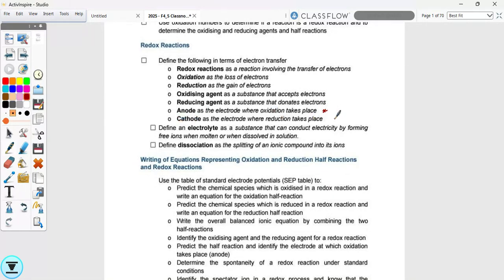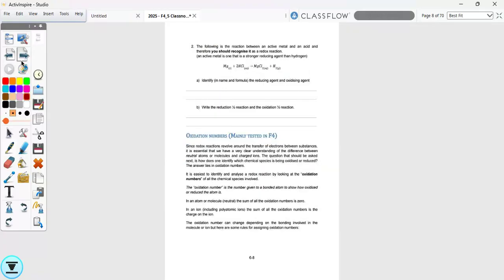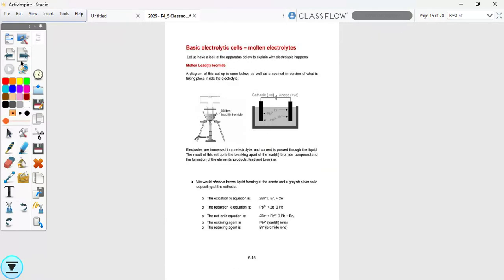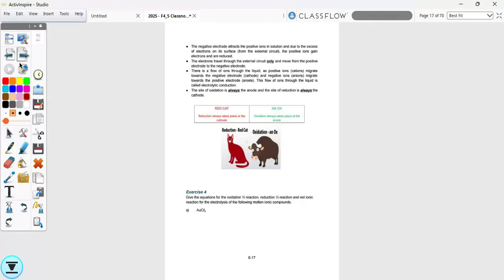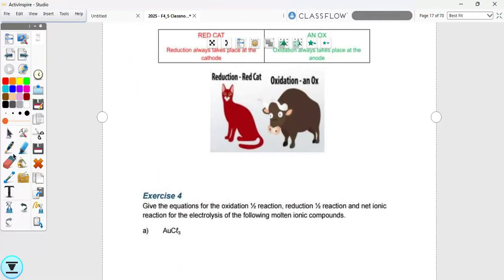Cathode is the electrode where reduction happens. So we've made sense out of it now, but there's also another acronym that they use for that. I think the picture is here somewhere. Yeah. So you can see that reduction is going to happen at the cathode.